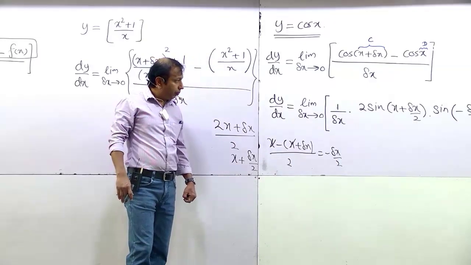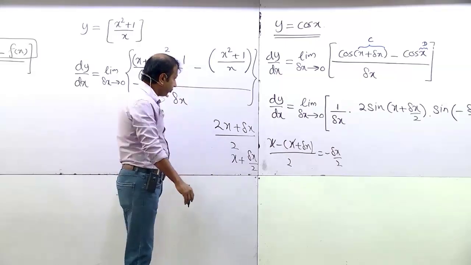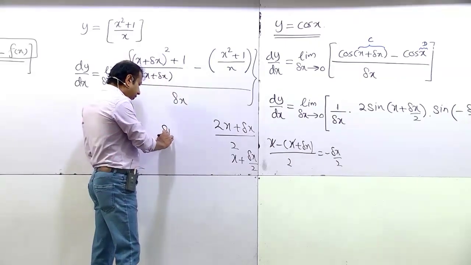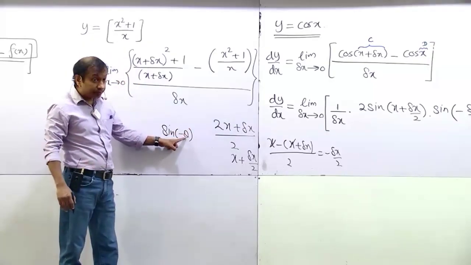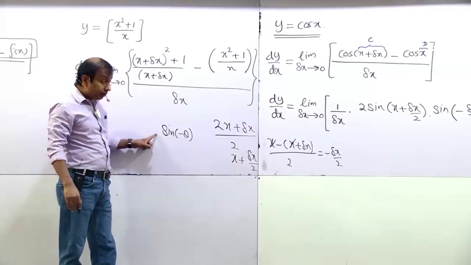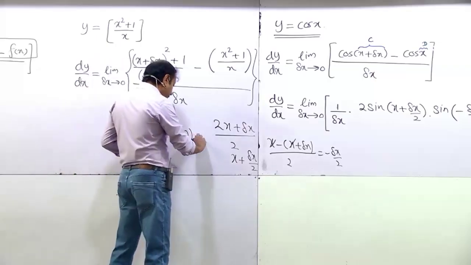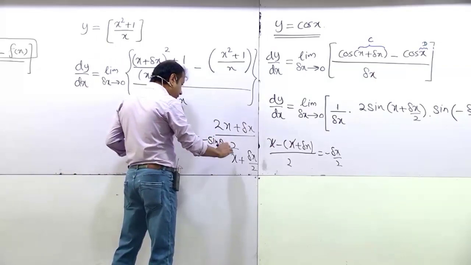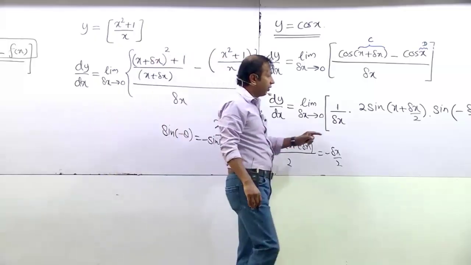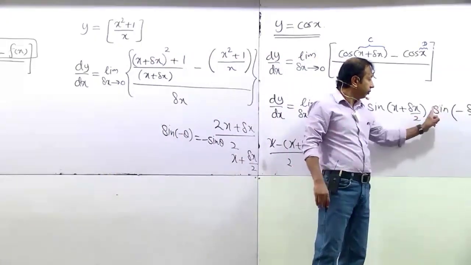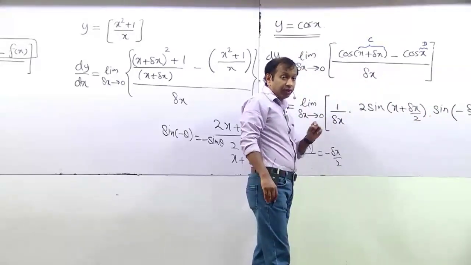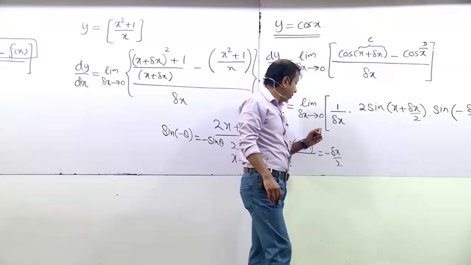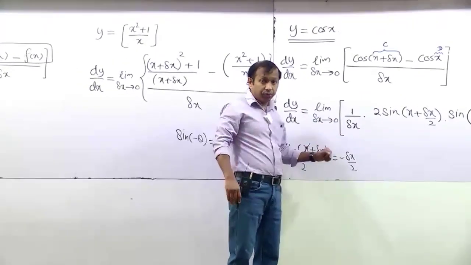Now, we learned in trigonometry, sine of minus theta, the angle contains a minus sign. This minus sign you can take out and you can write it as how? Minus sine theta. Using that, I can take this minus sign out. That minus sign I can take before this, because minus sign means minus 1, it is a constant. It won't change due to this delta x going to 0.